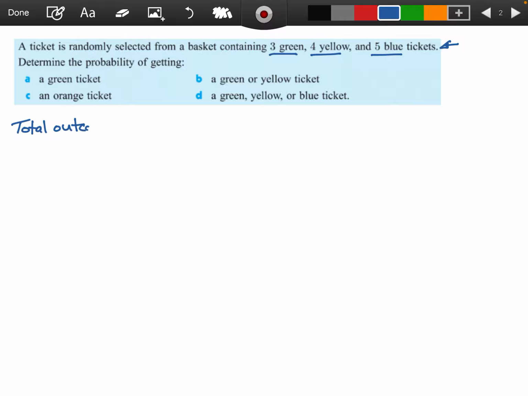How many possible outcomes are there? There are 3 green, 4 yellow, and 5 blue. So in total, we have 12 outcomes, and each of them is equally likely to take place.